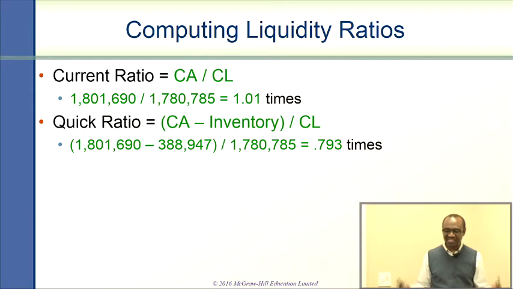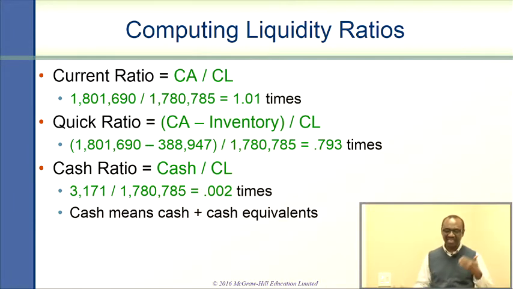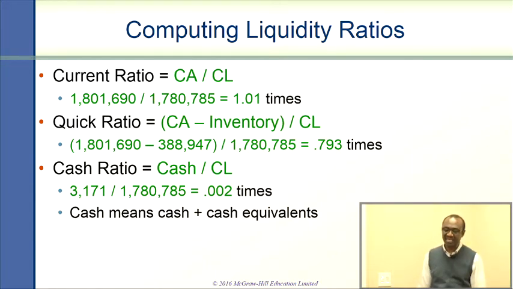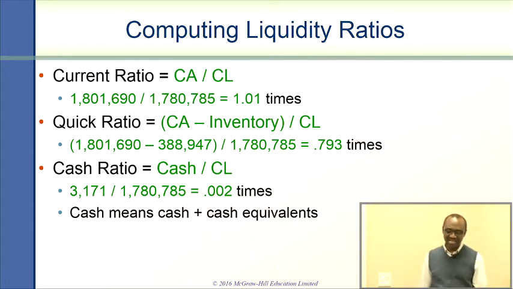To ascertain if this is really true, we do something called the cash ratio. So that means looking at cash and all the cash equivalents, and then dividing by the current liability. In this case, the company is able to pay their liability 0.002 times, which is far less than the threshold.